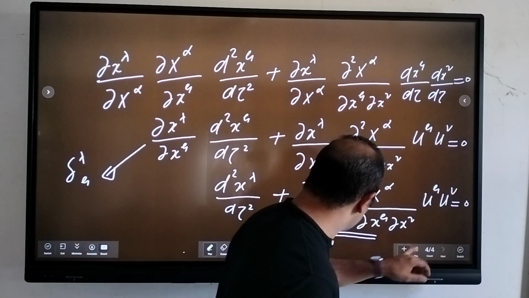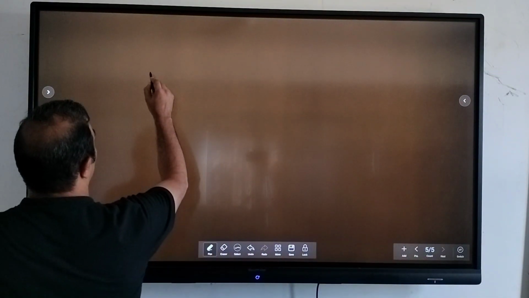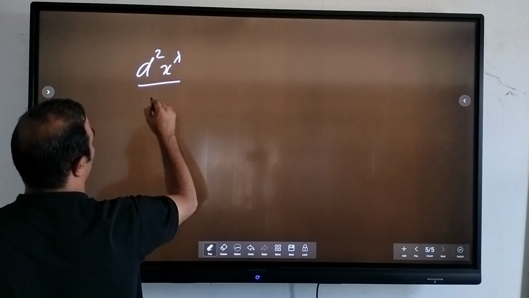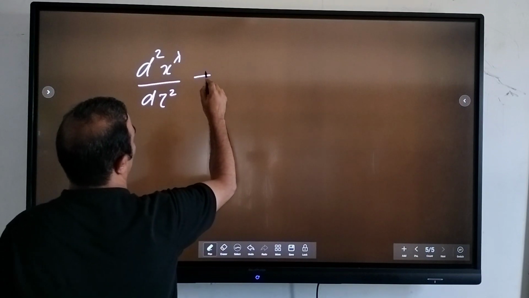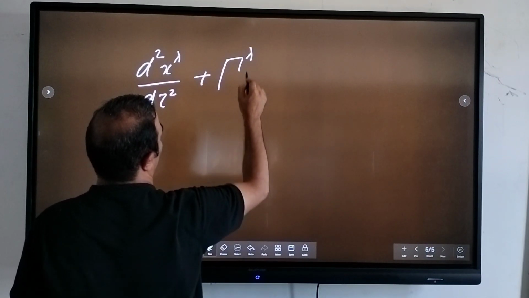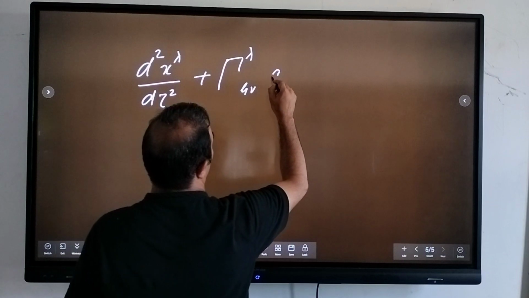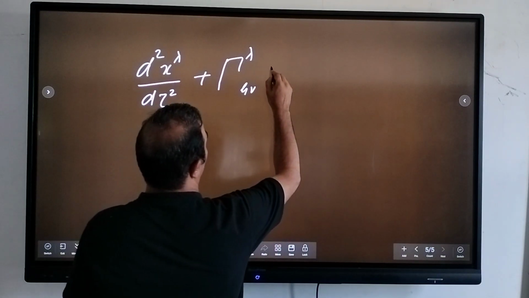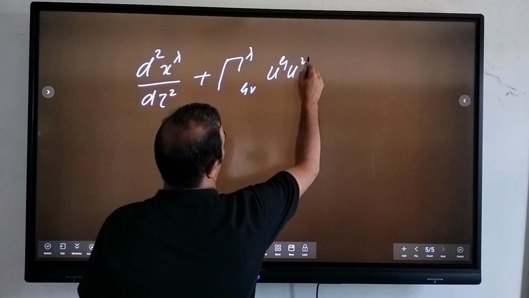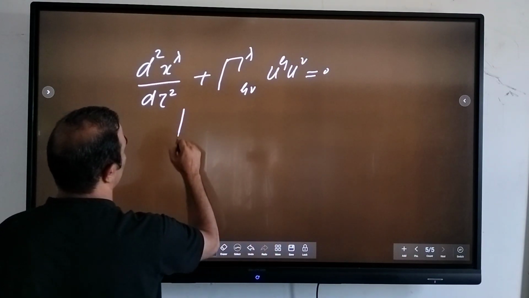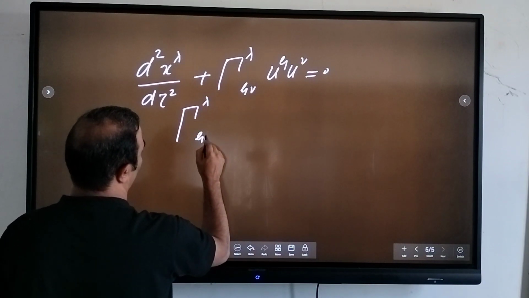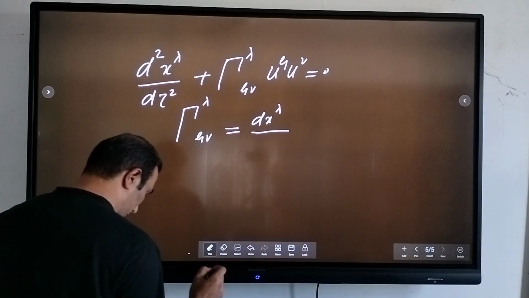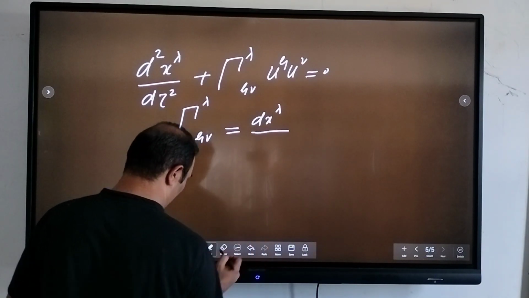Instead of that, I can write this as d2 x lambda by dt squared. So that means this gamma lambda mu nu equals dx lambda.